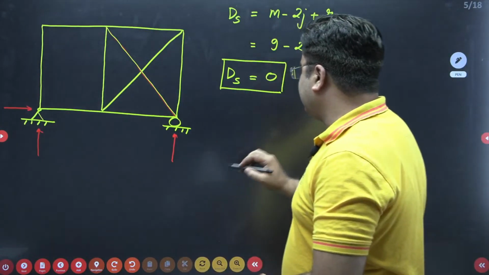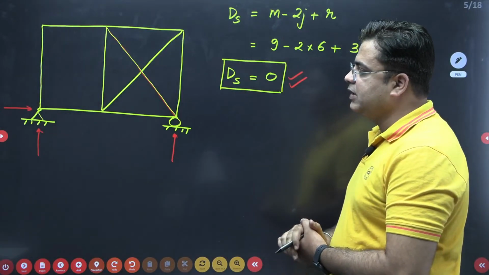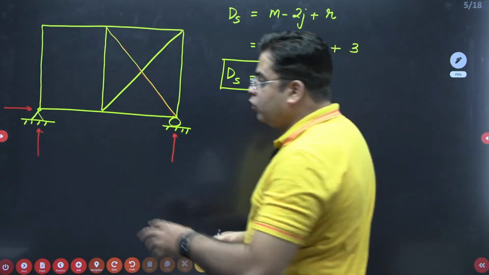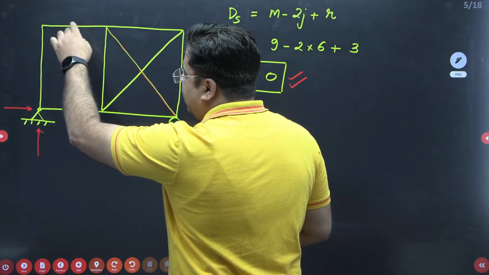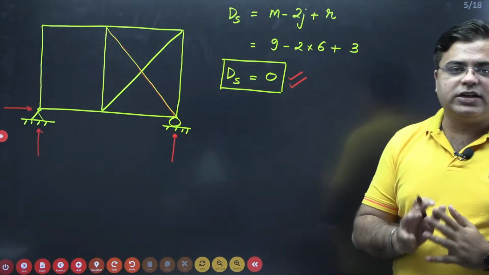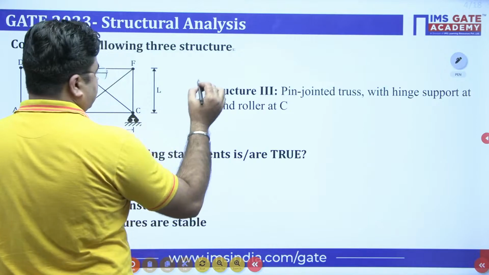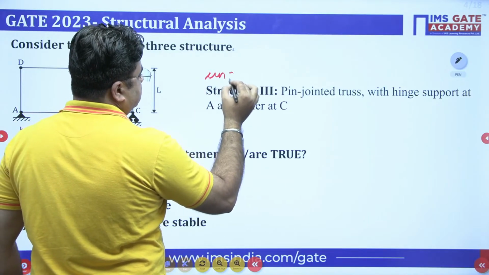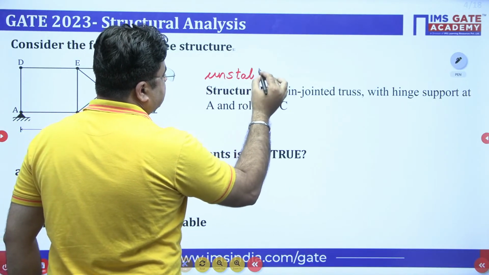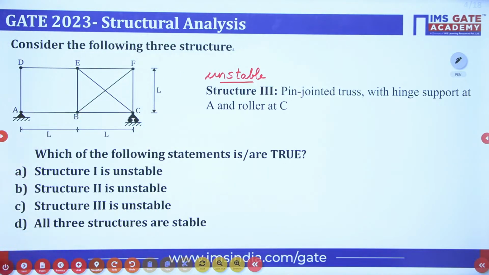So in fact, the degree of static indeterminacy for this truss is 0, still, due to the absence of the diagonal member, there is instability in this block which makes the entire structure unstable. So this truss is also an unstable structure. So all the 3 structures are unstable structures.